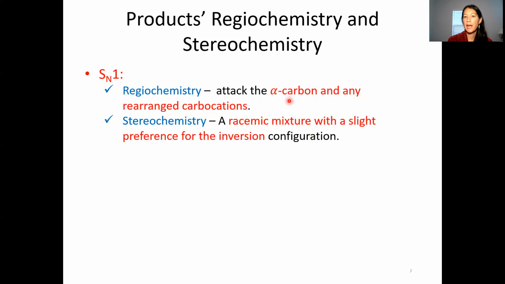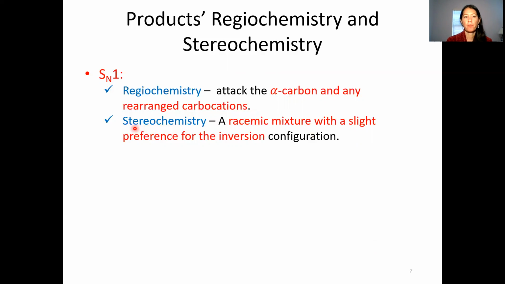SN1, you attack the alpha carbon as usual. Since SN1 goes through that free carbocation, it's a stepwise mechanism. The free carbocation, if there's an energetic reason to do so, can undergo a rearrangement, such as a hydride shift or methyl shift, to reveal, for example, a tertiary carbocation.